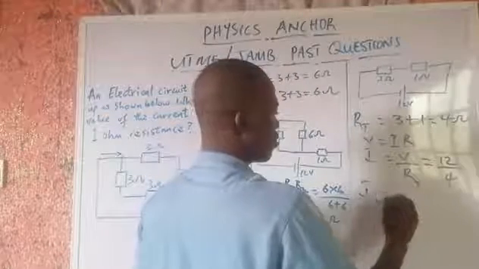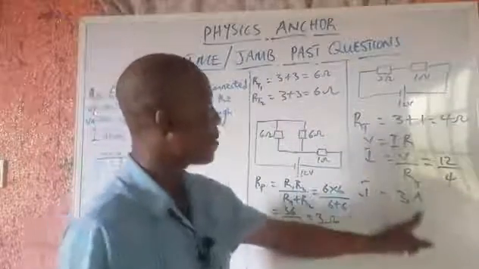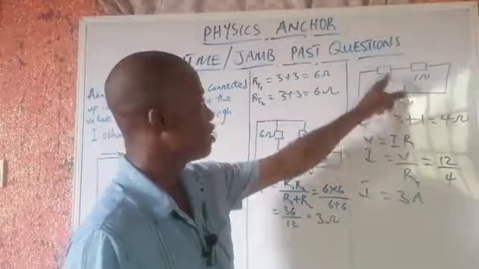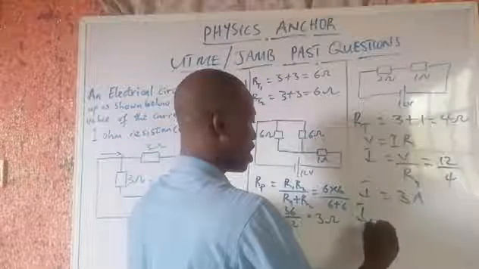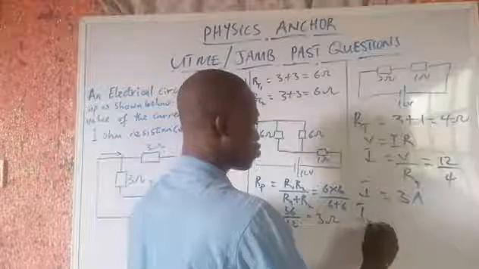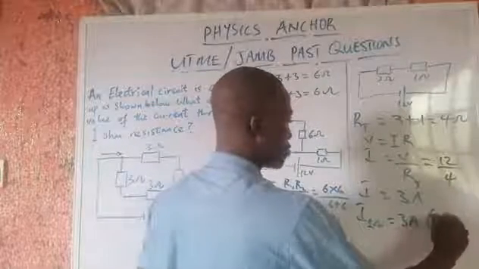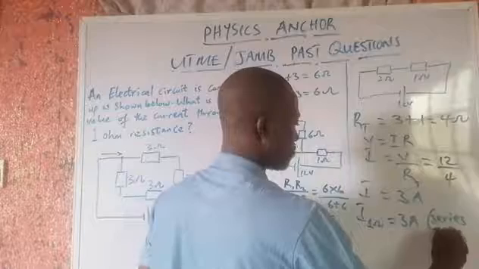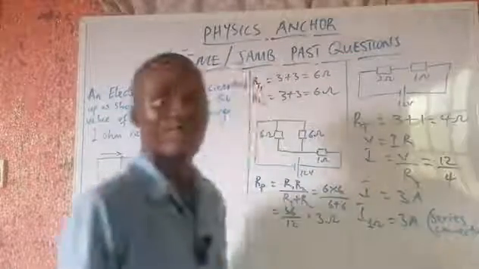So I will be 3 amperes. So this same 3 amperes is what will flow through these 3 ohms and through this 1 ohm. So we can say the current through the 1 ohm is now 3 amperes. Why? Series connection. Okay, so this is what we have.